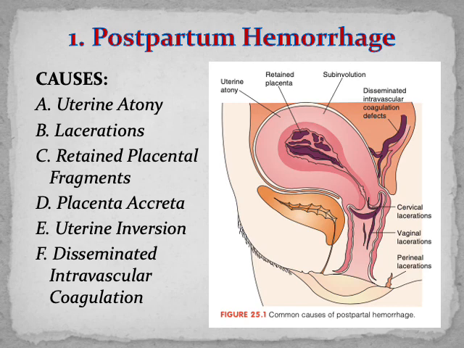There are several causes of postpartum hemorrhage. Uterine atony and lacerations are the causes of early postpartum hemorrhage, while retained placental fragments is the usual cause of late postpartum hemorrhage. When we say early postpartum hemorrhage, it's during the fourth stage of labor.